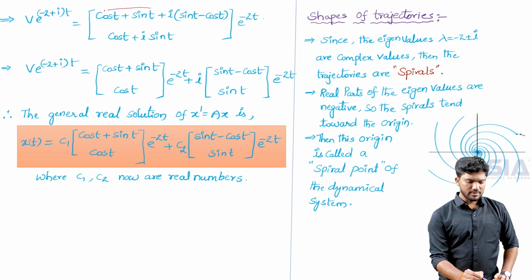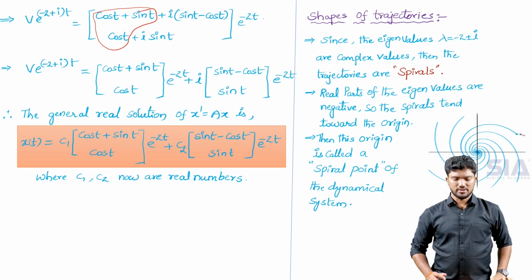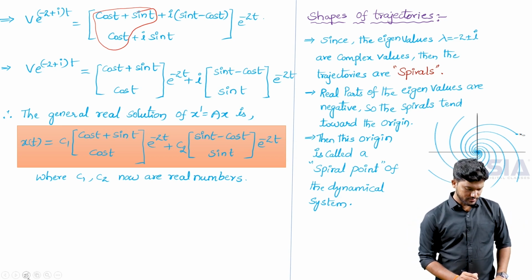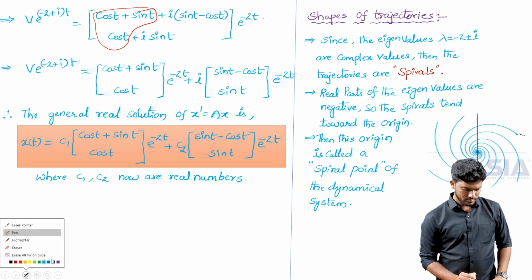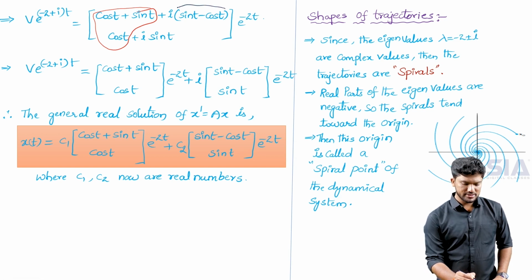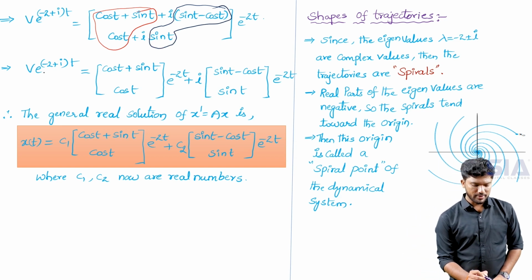You can separate one matrix with this real part, those two column values are the real numbers. Next you can separate the imaginary part values. Imaginary part values means these values, these two values are the imaginary part values. So therefore you can separate them.